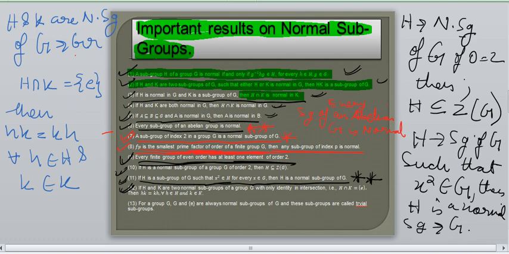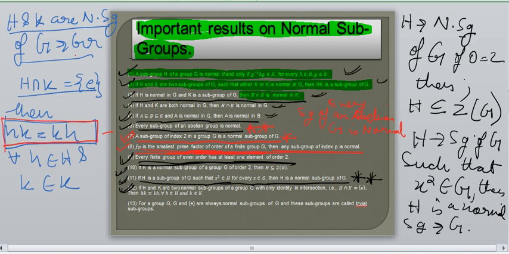So when H and K are normal subgroups of G, and H intersection K is the identity, then hk will be equal to kh. Then this condition will be satisfied. You may want to mark this condition with a highlighter, something red.